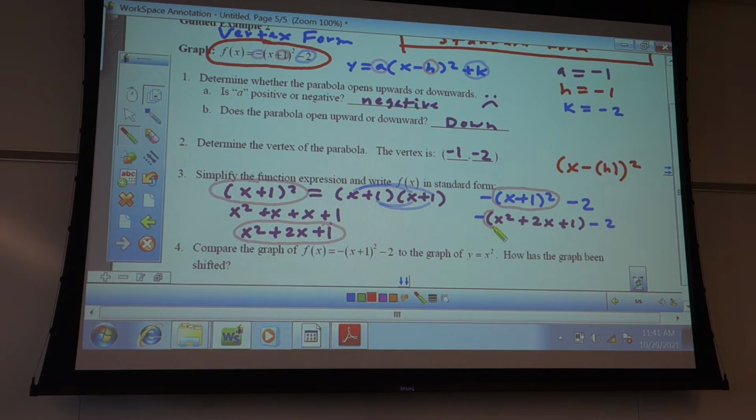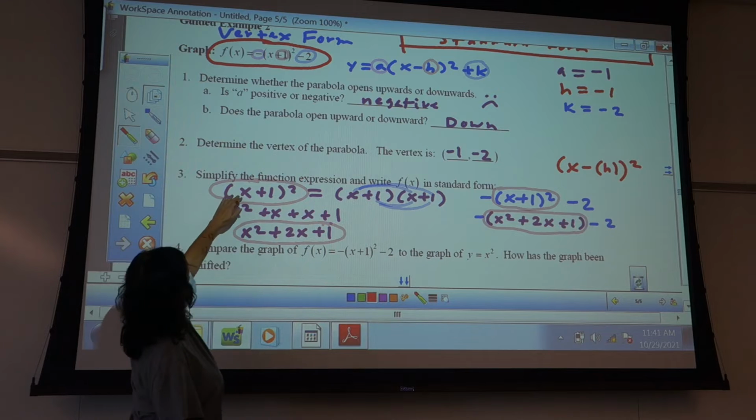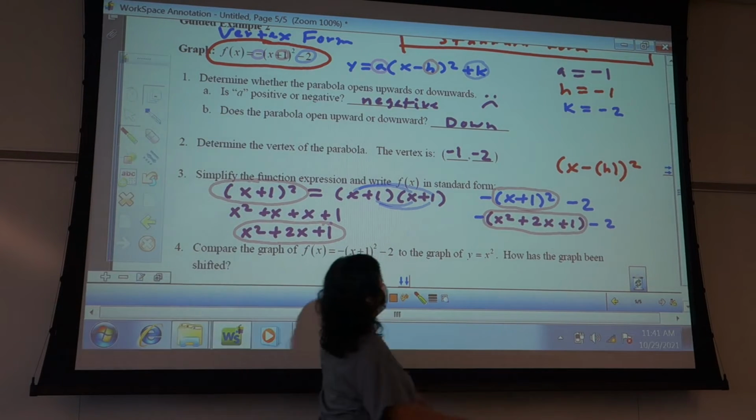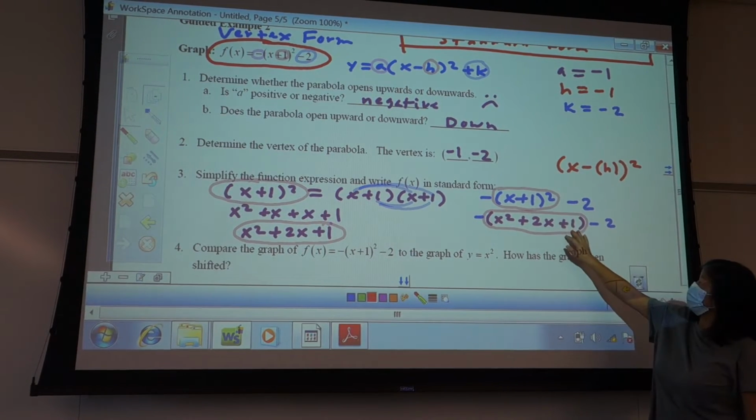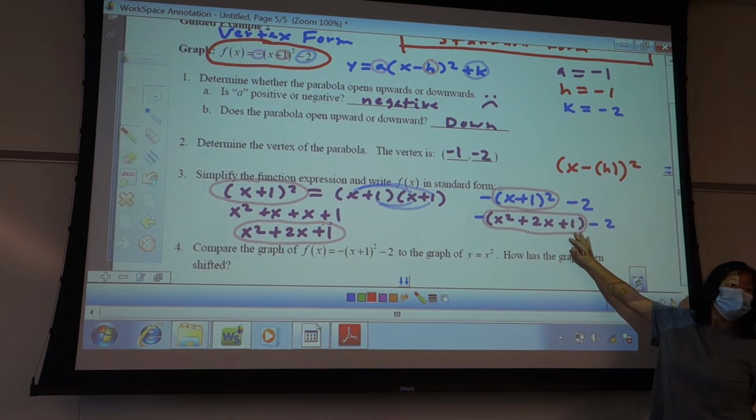All these mean the same thing. So this, instead of writing that, I'm going to write in this. Everybody feeling all right with that part?